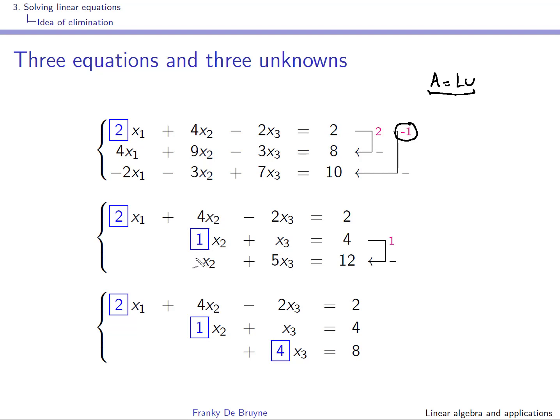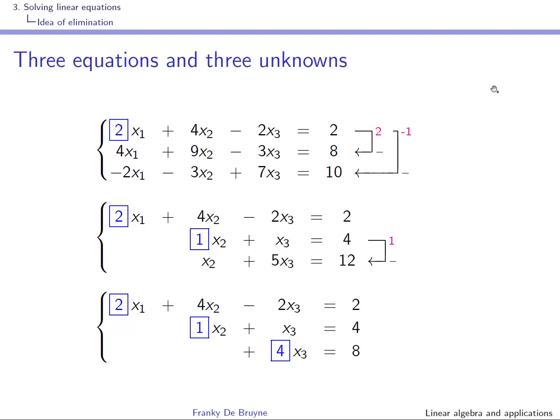Okay, we want to produce a 0 over here, so the multiplier is the entry 1 divided by the pivot, and you have a 1 over here. Third equation minus the second equation times the multiplier 1 will produce a 0 over here, and we have now our system that is in triangular form, upper triangular form.